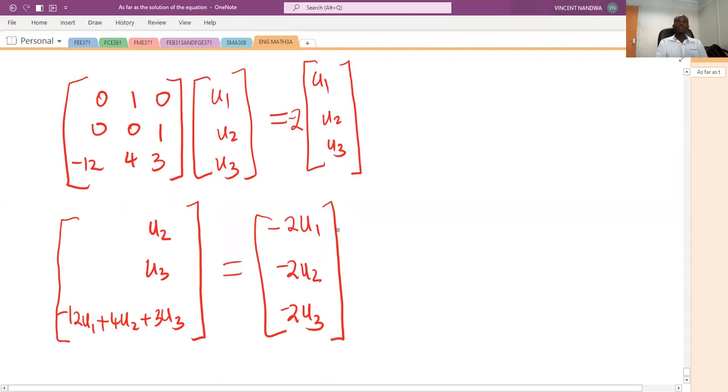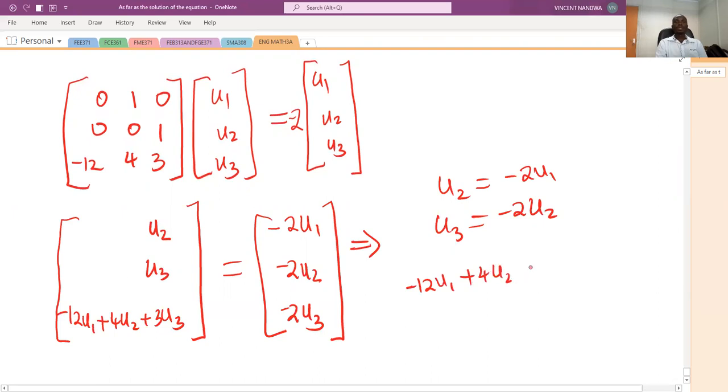from which we should be able to get u2 is minus 2 u1, u3 is minus 2 u2, and then minus 12 u1 plus 4 u2 plus 3 u3 is minus 2 u3. So this is equation 1, this equation 2, this equation 3.